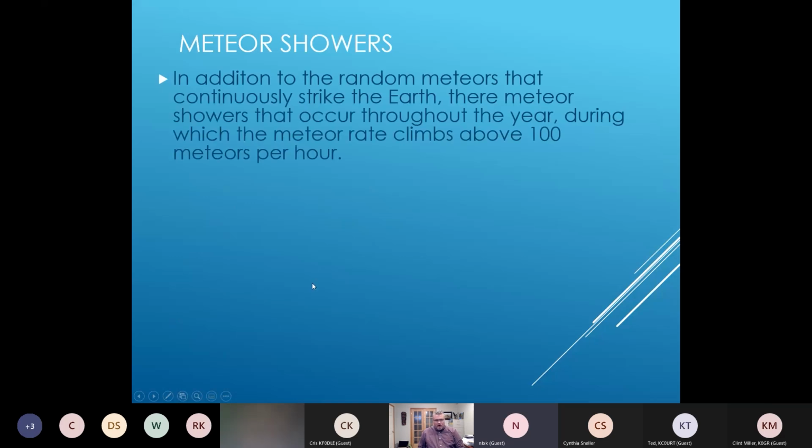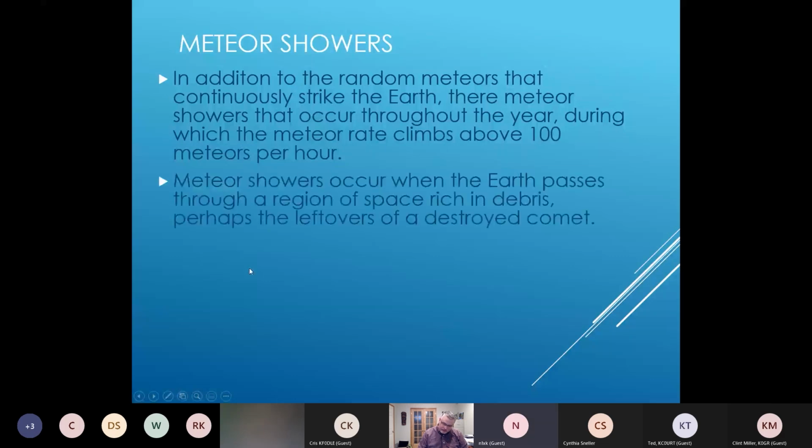Meteor showers also obviously help, by getting many more meteors coming in. As we saw in that slide on the periodicity of the meteor trails, the rate can climb above 100 meteors per hour in the meteor showers.